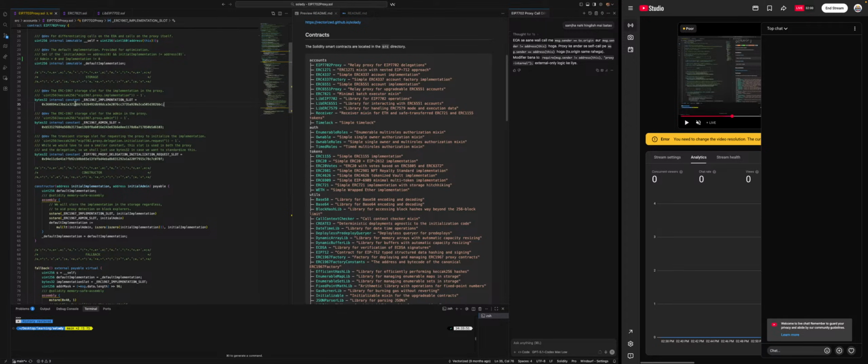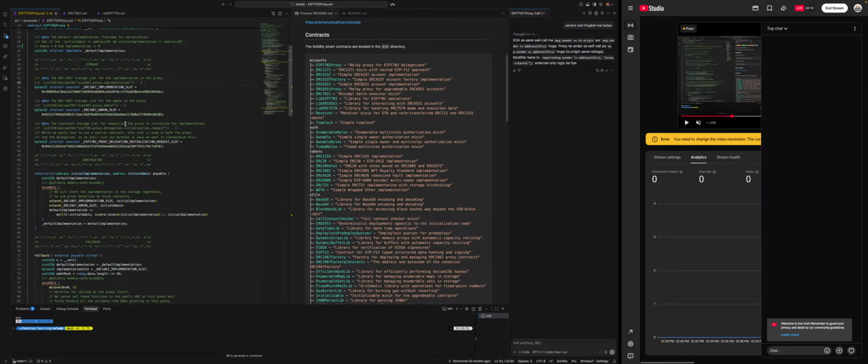So we are computing the implementation slot, which is this, based on the keccak hash of this string minus 1. And this is the implementation slot. The admin slot is computed using the same thing, but the only difference is the keyword admin versus implementation, minus 1.